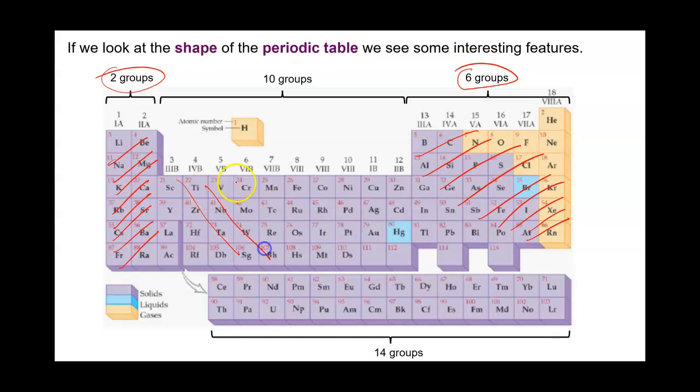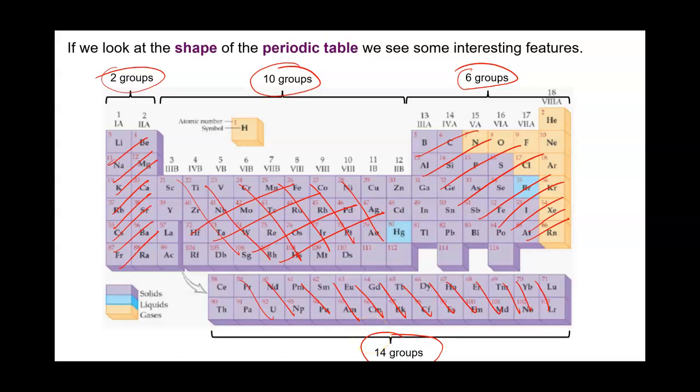This bit in the middle of the periodic table here that sits lower than the 2 end bits, where the B group elements are, that is 10 groups wide. And then this guy at the bottom here, you guessed it, 14 groups wide.